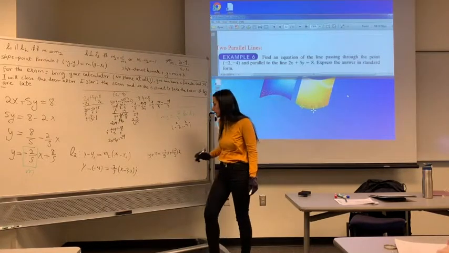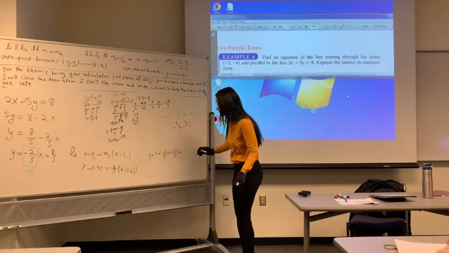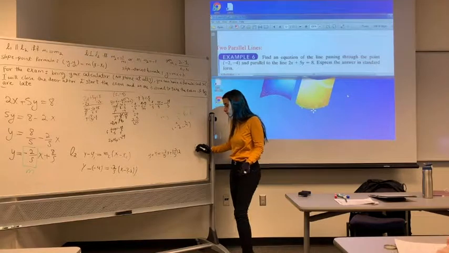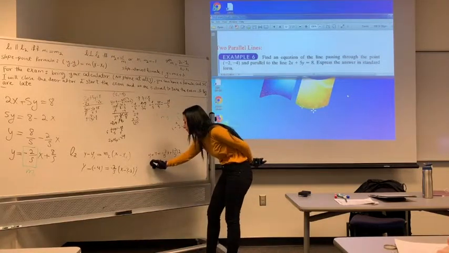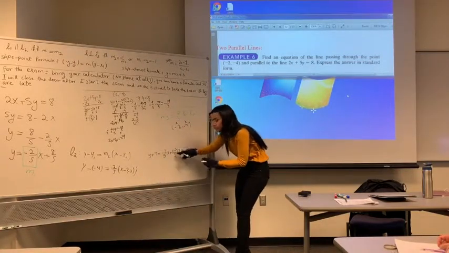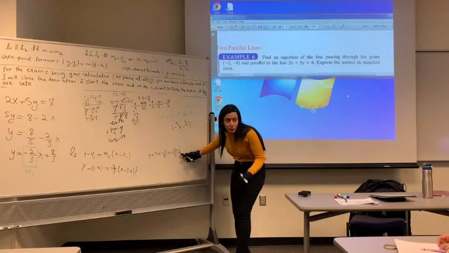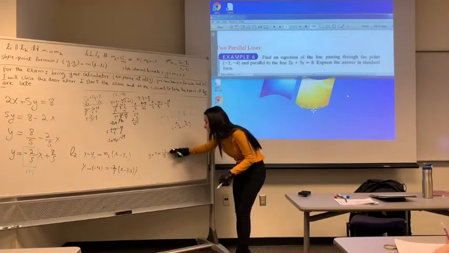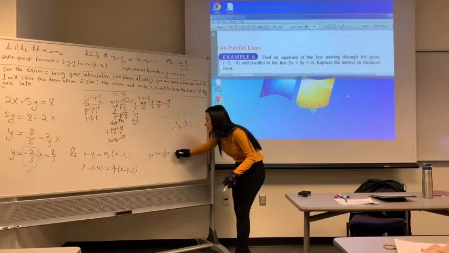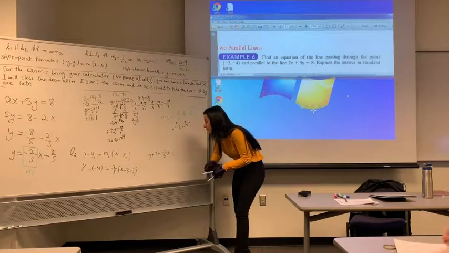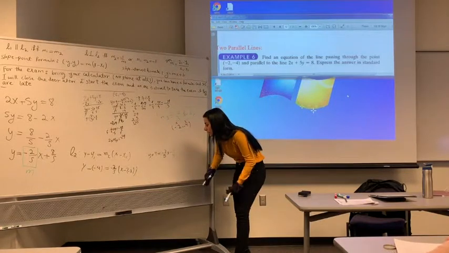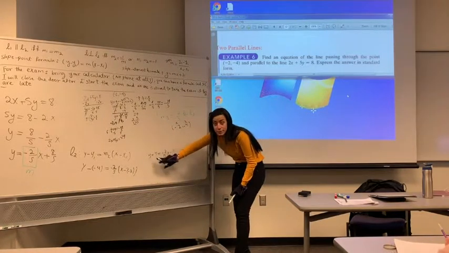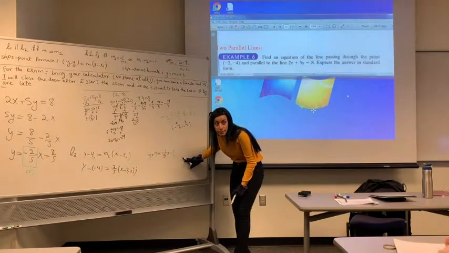So here we have, let me just replace this by negative 4 over 5, correct? It'll save us some space. Negative 4 over 5. And then I'm going to bring this to the other side, right?